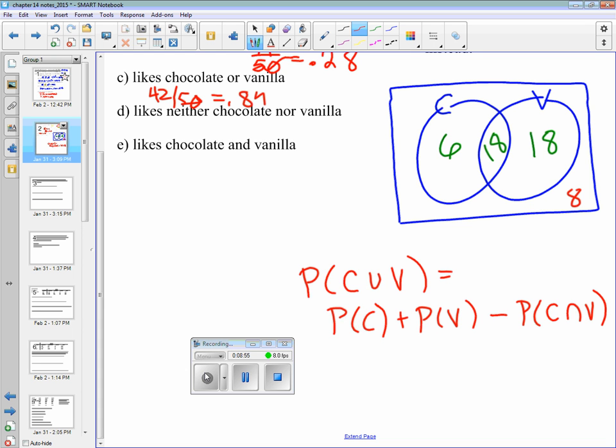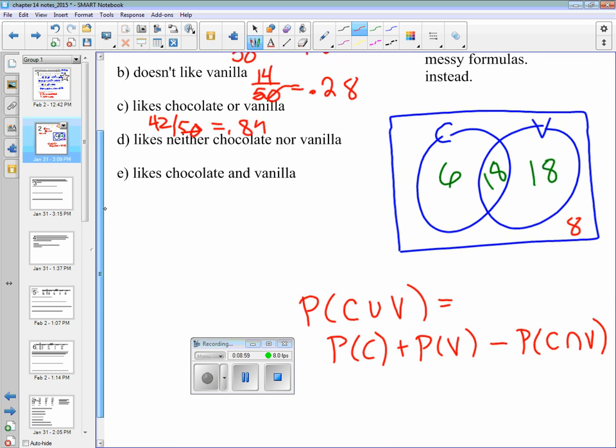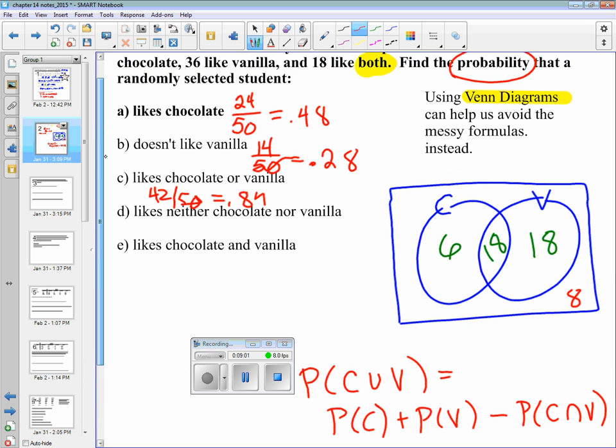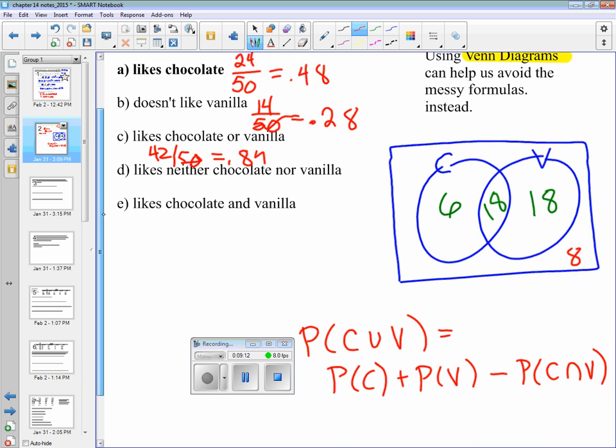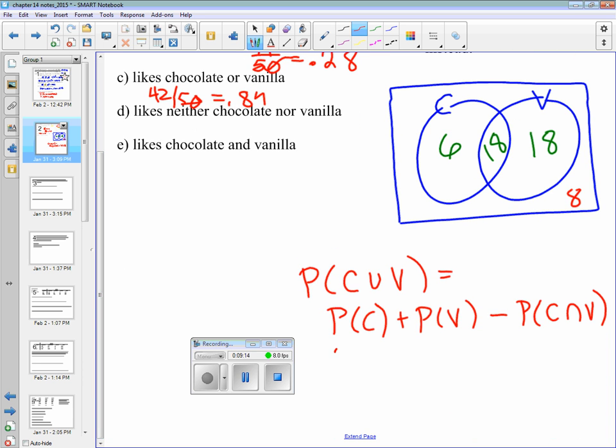And let's just see if I get the same thing. What was the count for chocolate? If I look not at the Venn diagram this time, but just look at the numbers given to me at the very beginning, the number for chocolate was 24. Do you agree? So I'm going to say 24 out of 50 plus 36 out of 50 liked vanilla.